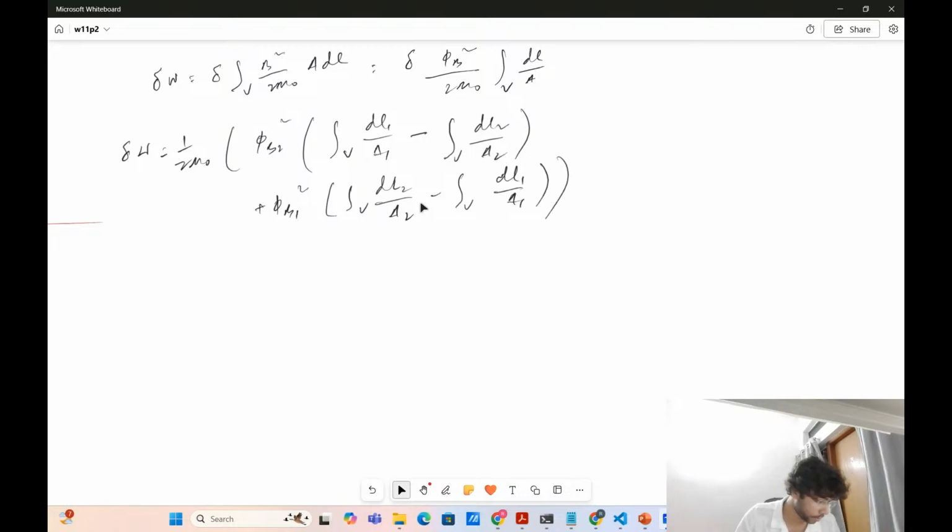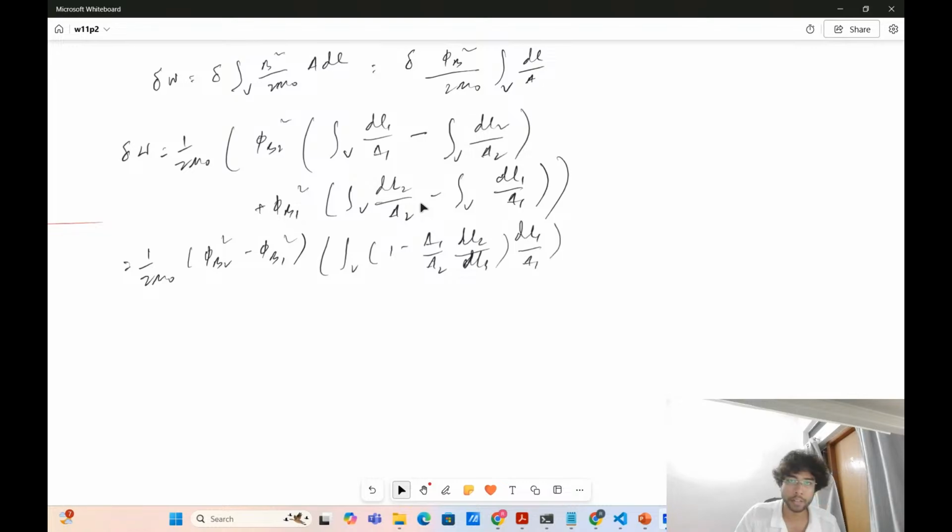Okay. And if we just simplify this, it will be something like this: 1 minus A1 by A2, dl2 by dl1. Okay. So this is integration.